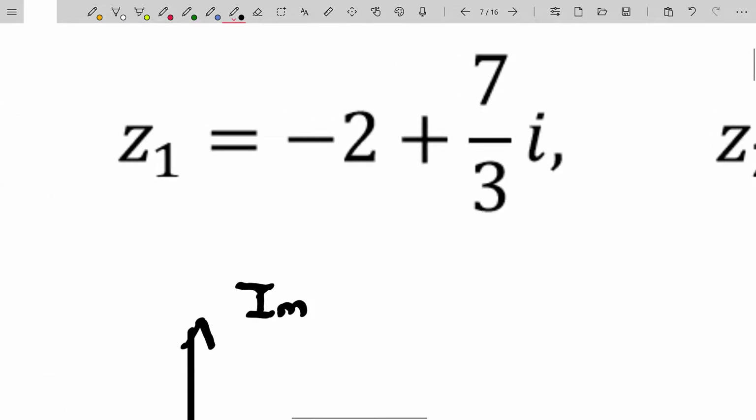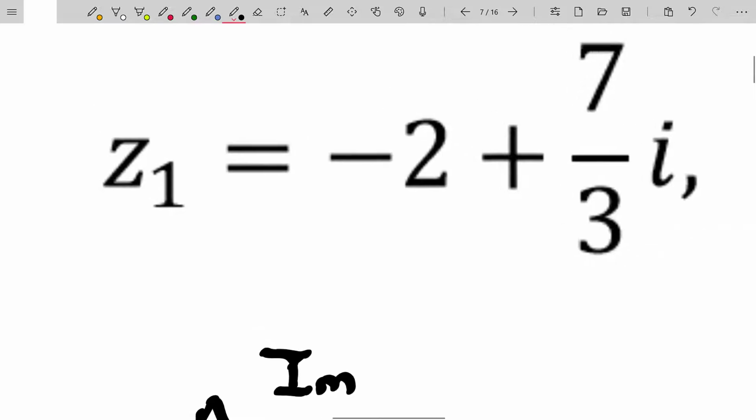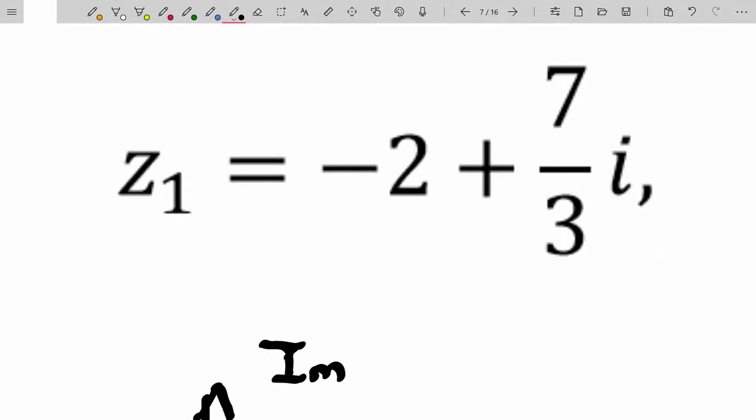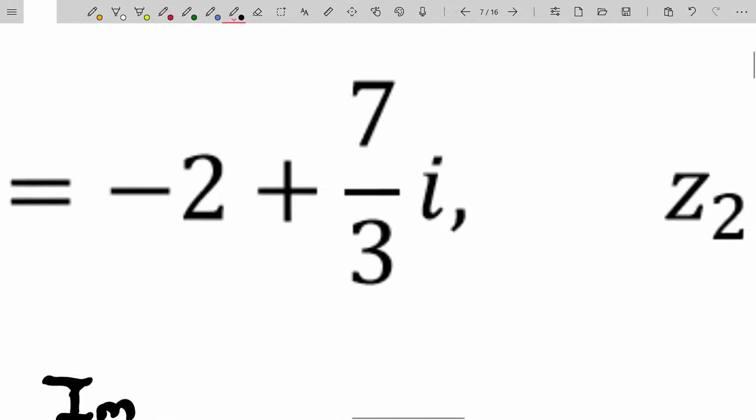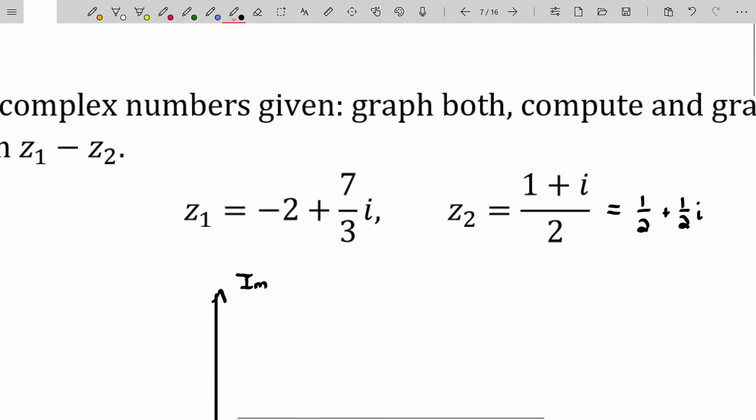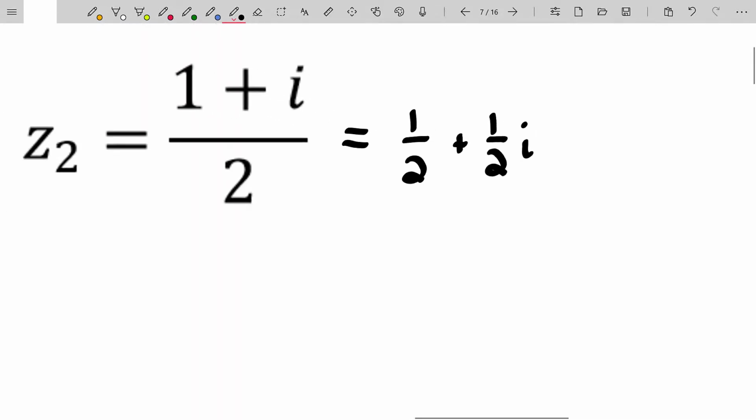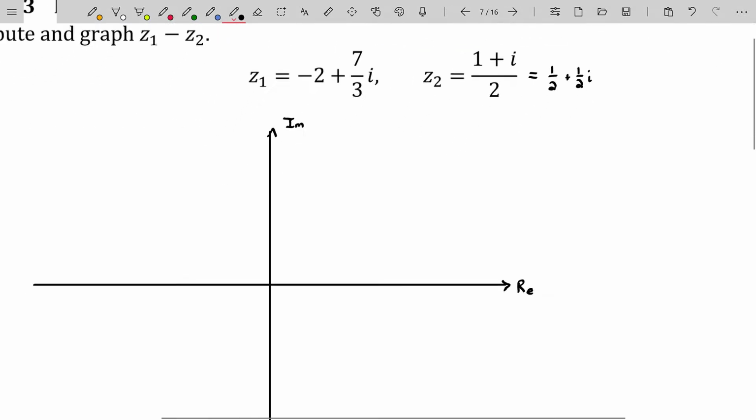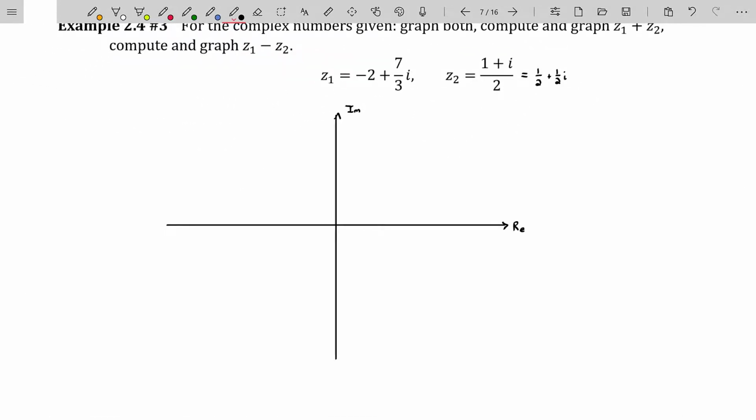For example, z1's real part has a magnitude of 2, so our real axis has to go out to at least 2. Our imaginary axis has to get all the way to 7/3. For z2, the real axis only needs to get to 1/2, and the imaginary axis only needs to get to 1/2. But that gives us a scale to work with here. So I'm going to scale this to be a 3x3 or maybe a 4x4. Let me mark that up.